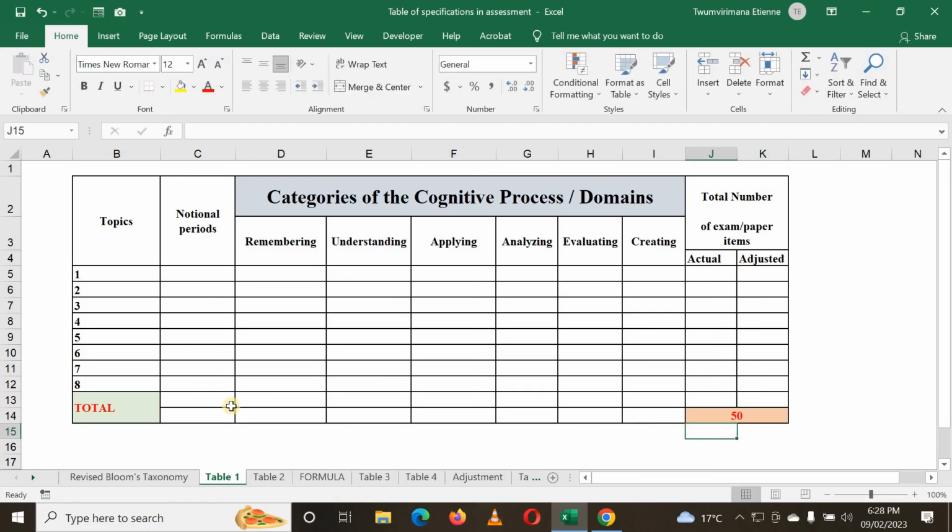Let's suppose you are now going to prepare an assessment. The first question you might put in your head before starting to create questions is: how many questions am I going to ask? How many questions is my paper going to contain?